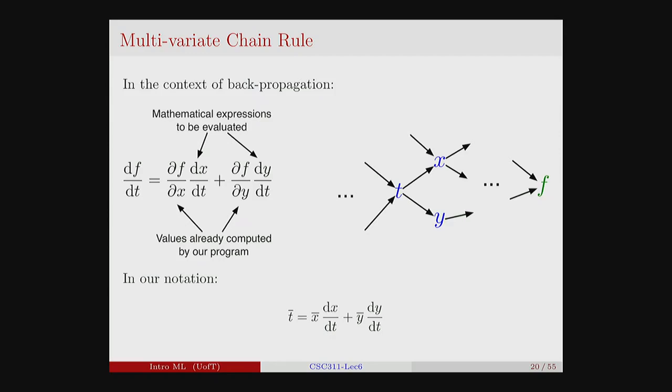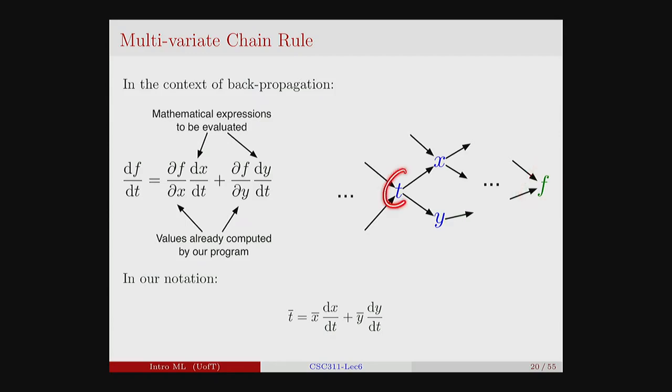So to calculate df with respect to dt, we're going to pretend that there's some graph that exists before t, and some graph that exists after x and after y. And those two are going to be arbitrary. It does not matter what those graphs actually are.